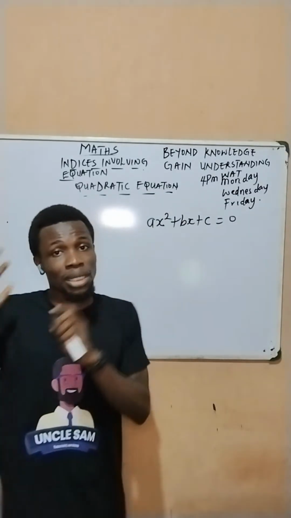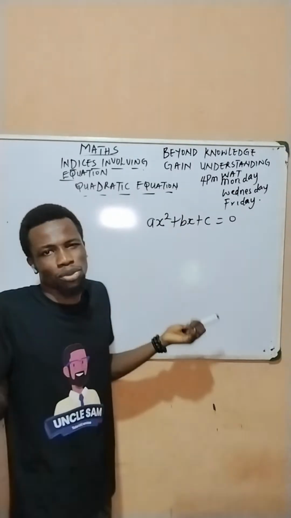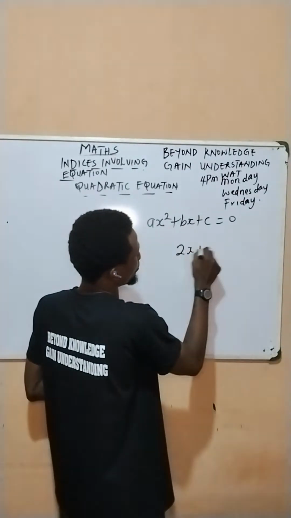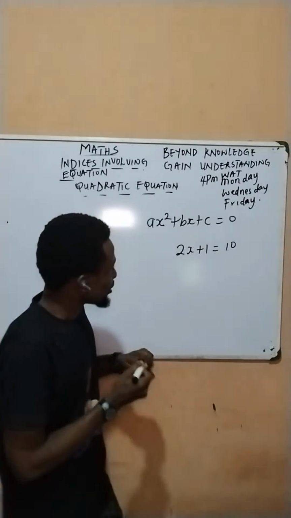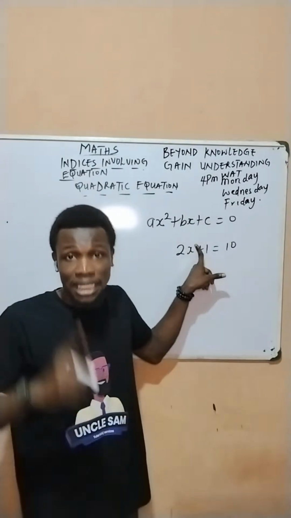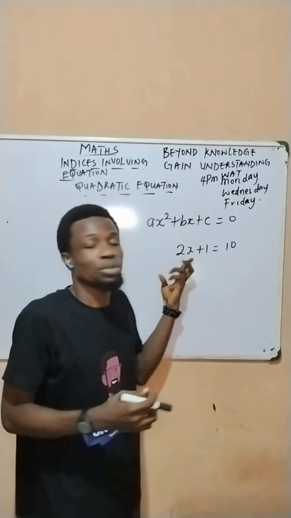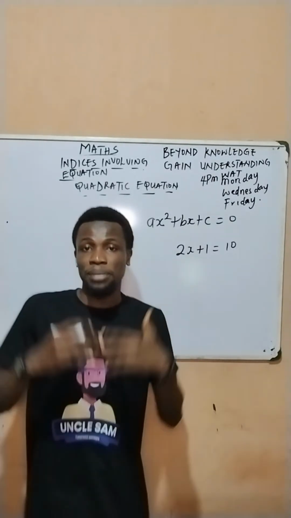The other one, which you considered before, was a linear equation, and it didn't require two values. Just one was enough. For example, you have 2x plus 1 equals 10. Now, the power of x here is just 1, because we're considering indices. We are looking at how we can represent an expression in terms of a base and a power.